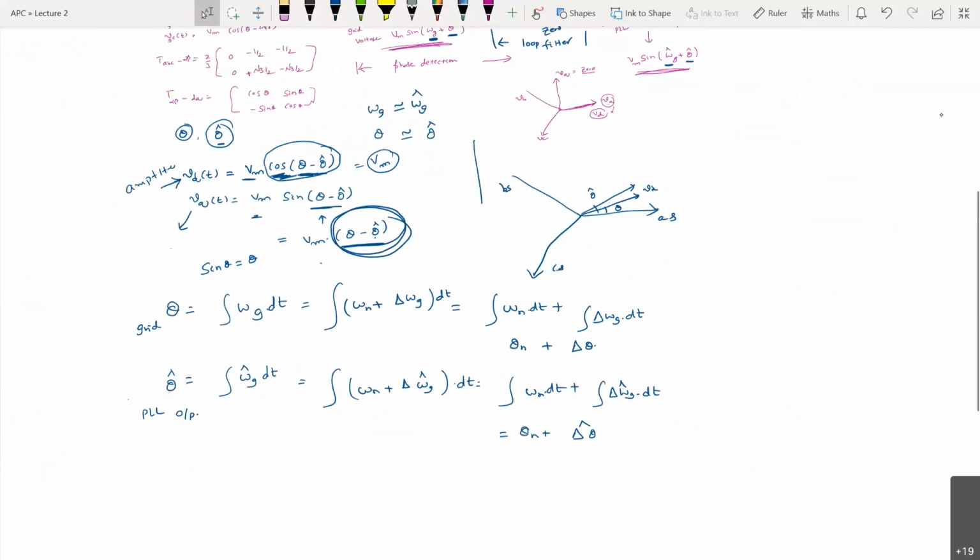Therefore we have this Vd of t, which is Vm cos of theta minus theta dash. So this is theta and this is theta dash.